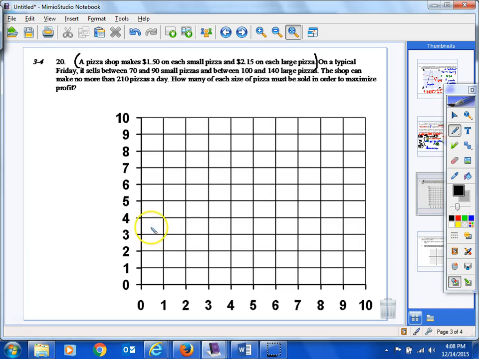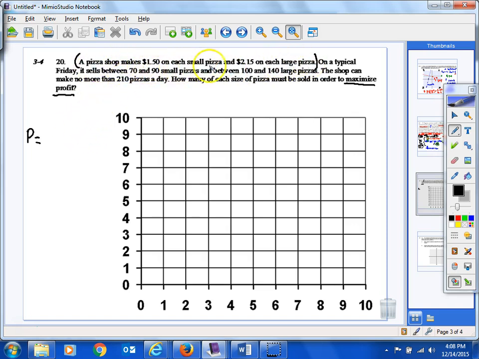Okay, it's another way of giving us what the profit function is, and ultimately that's the goal of this problem. How am I going to maximize profit? Well, if I'm going to maximize profit, I need an equation to represent profit, and that's what this first sentence is going to give me.